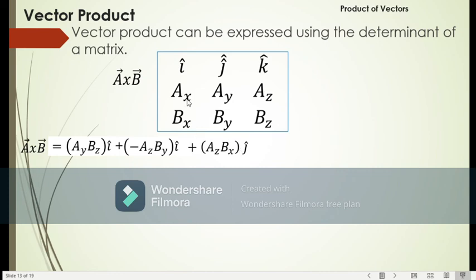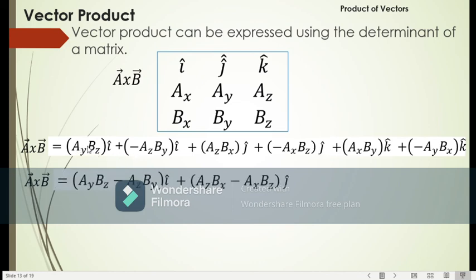minus I cross K, which is A sub x times B sub z, J hat. And our last is I cross J, which will give an answer of K. So plus A sub x, B sub y, K hat, minus A sub y, B sub x, K hat. Let us combine the terms having the same direction.